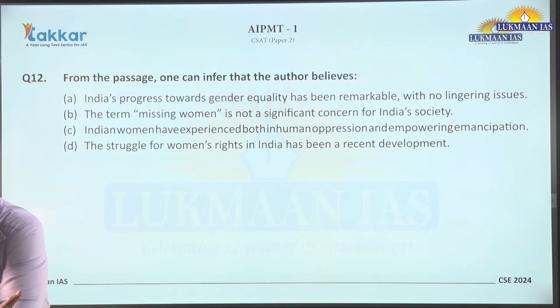So it is not a missing concern, it is a concern. Option C. Indian women have experienced both inhuman oppression and empowering emancipation. Yes. The struggle for women's rights in India has been a recent development. No. So what was your option again? C, na? Yes, sir, C. Okay, now moving to the next passage.